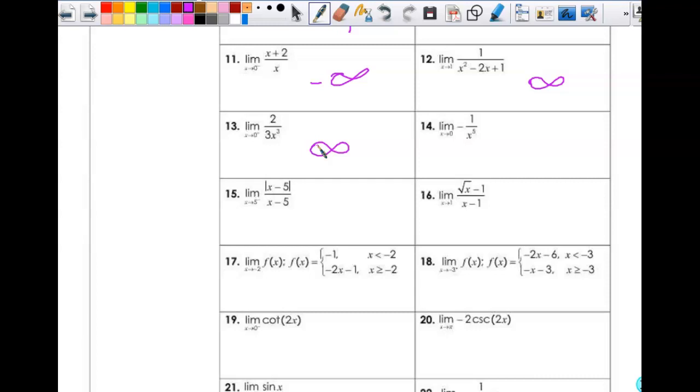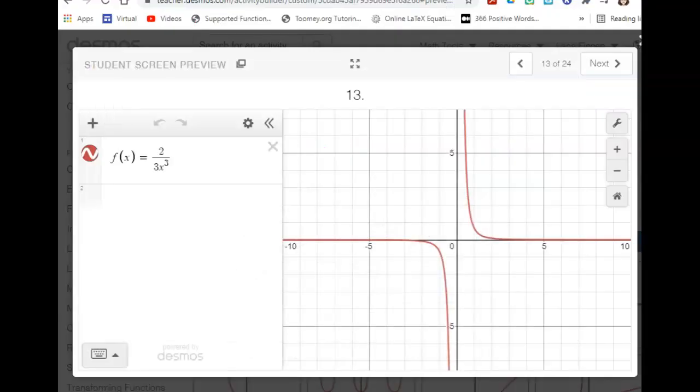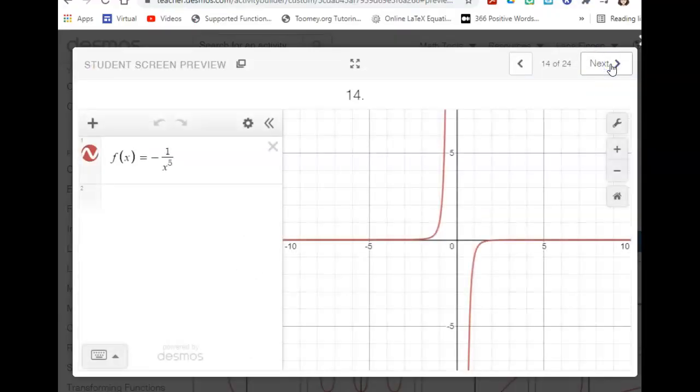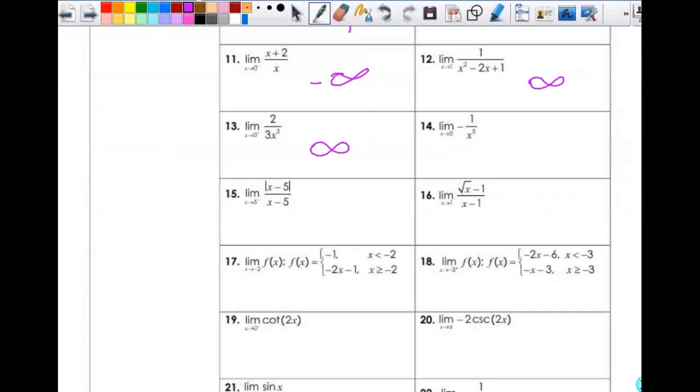Then number 14, the limit as x approaches 0. There's no plus or minus, so that means I've got to look at both sides. As I approach from the left, I'm going to infinity. As I approach from the right, I'm going to negative infinity. They're different. They would have to be the same, so this does not exist.